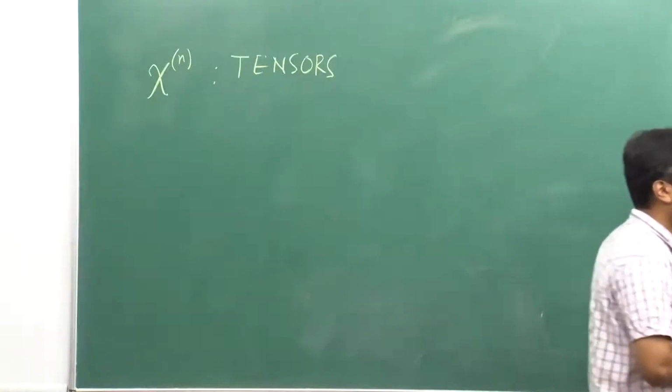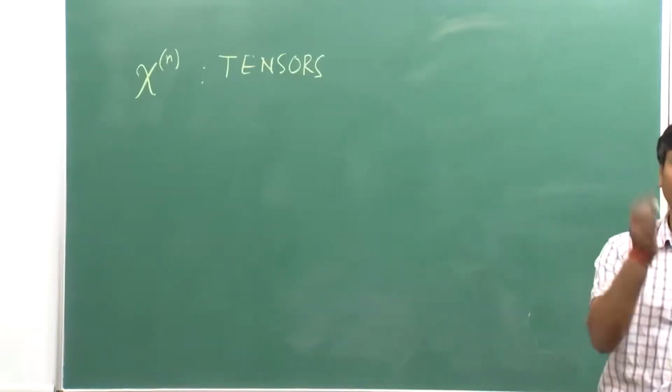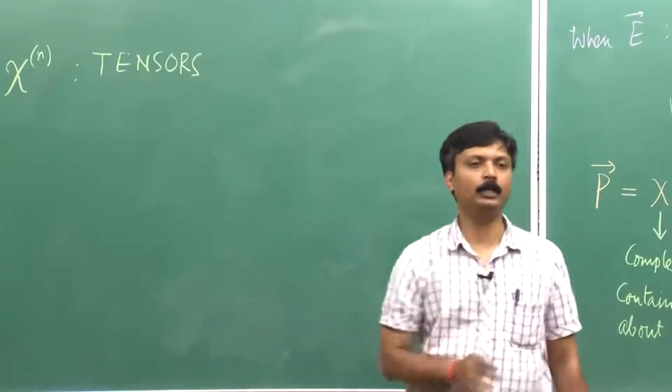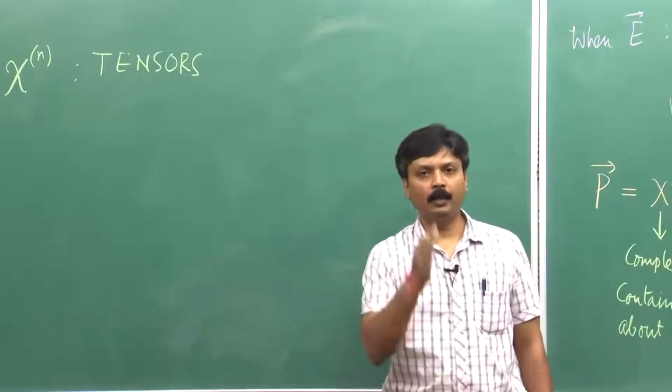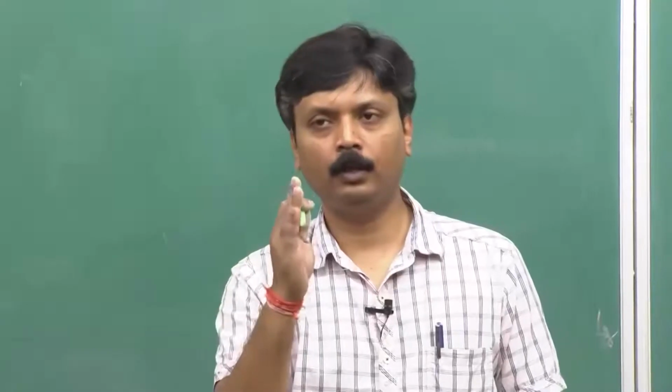Think about this situation. I bring in an electric field oscillating in a particular direction. So, I have a linearly polarized light, and my field is along the direction of this polarization, correct?